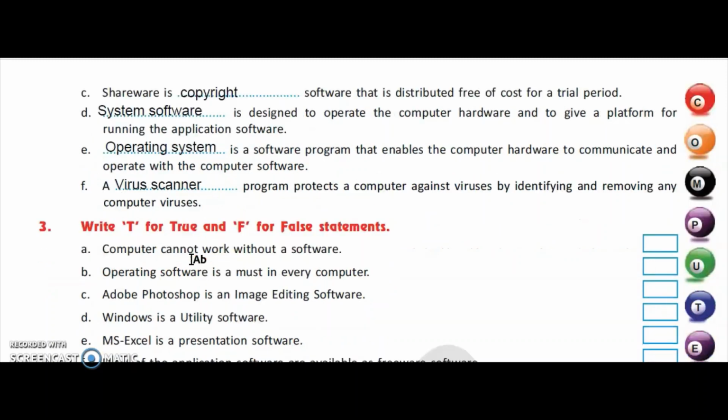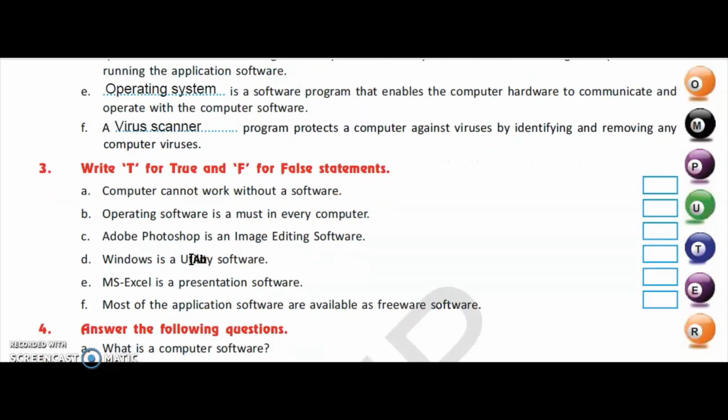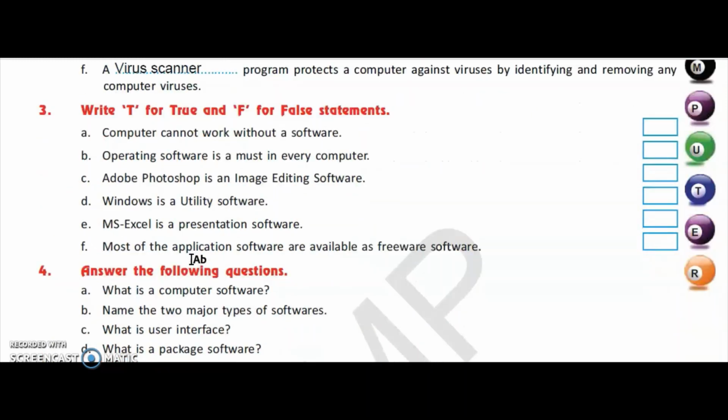Now let's complete the true false. You have to write T for true and F for false. So first statement is computer cannot work without a software. Whether it is true or false, can it run without a software? No. So the statement is true.